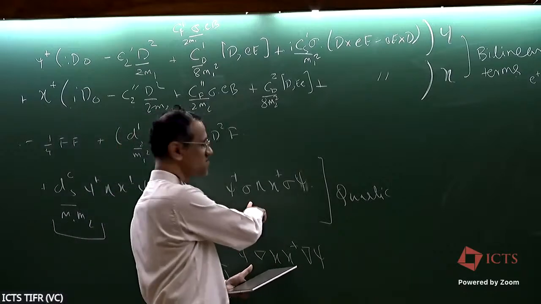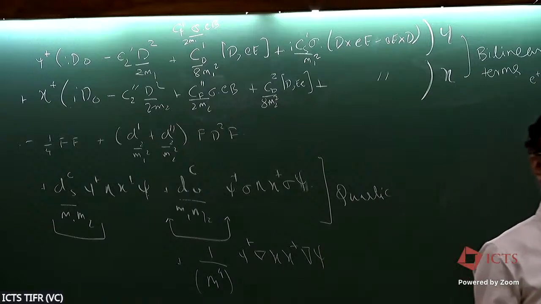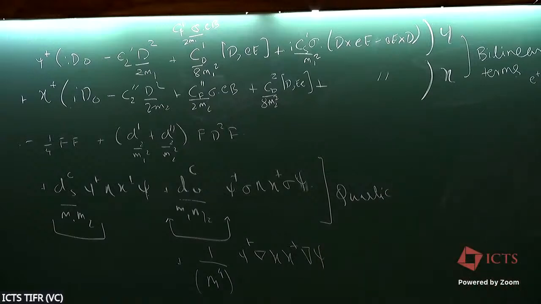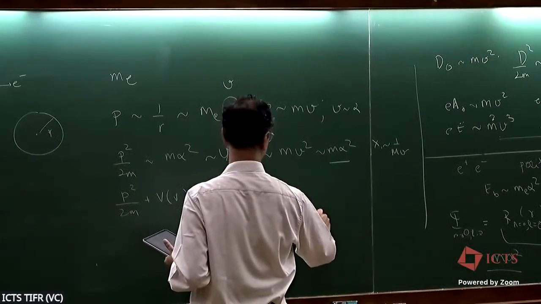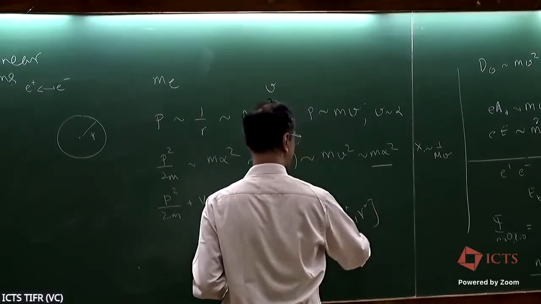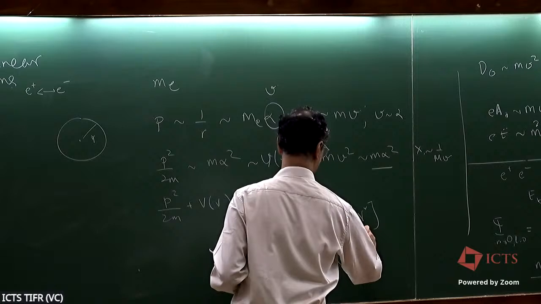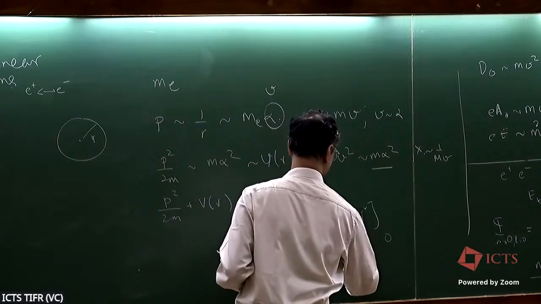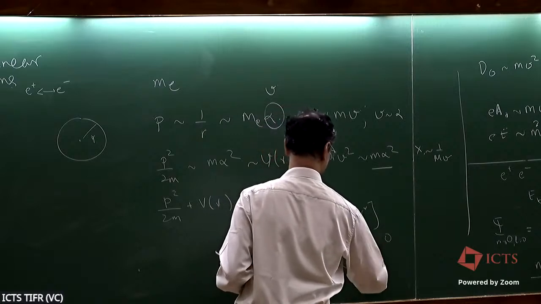So sigma mu nu in the non-relativistic case will just give you sigma, right? Because sigma mu nu is built from gamma mu and gamma nu, and has this form. So let's say sigma ij has this form, sigma k.